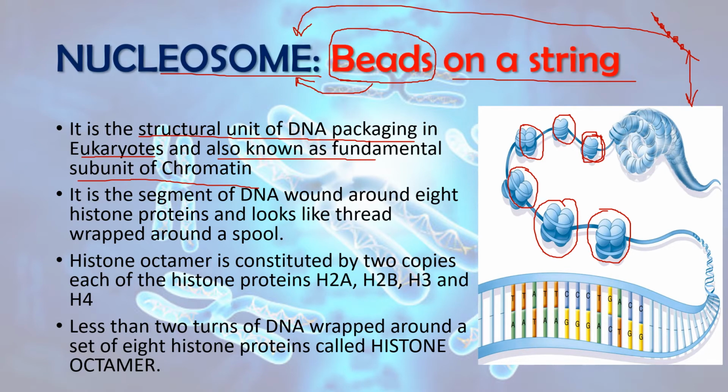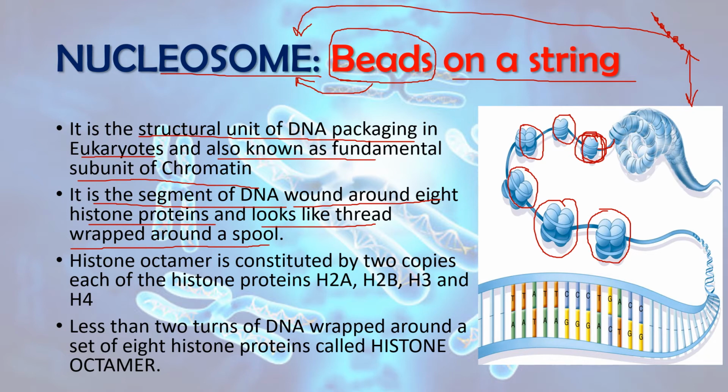Basically, the nucleosome is a complex structure made up of DNA and histone proteins. Chromatin is a complex made up of DNA, RNA and histone proteins. The nucleosome is the segment of DNA wound around 8 histone proteins and looks like thread wrapped around a spool. So this is our DNA. How is this nucleosome structure formed?